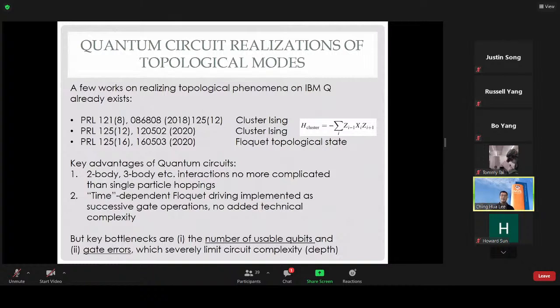When you simulate time-dependent Floquet driving, you do exactly the same thing, just that every step is different. So unlike in other systems like cold atoms, where there are technical limitations to Floquet driving, in this case, not so much. And I think for these reasons, such papers were already published in PRL for such states.